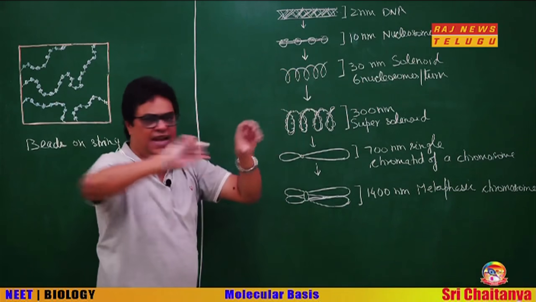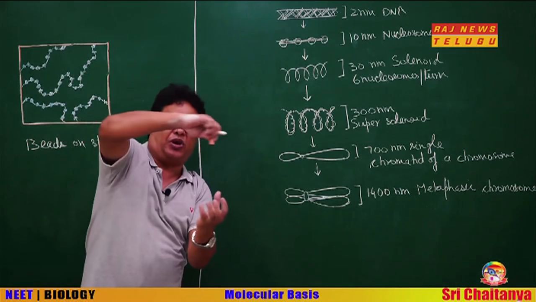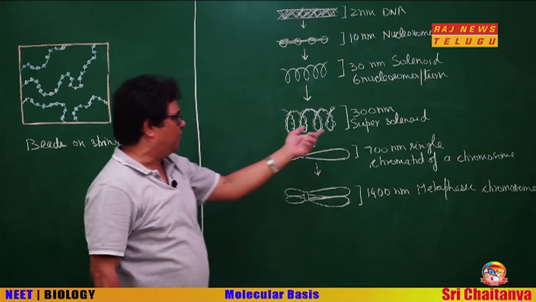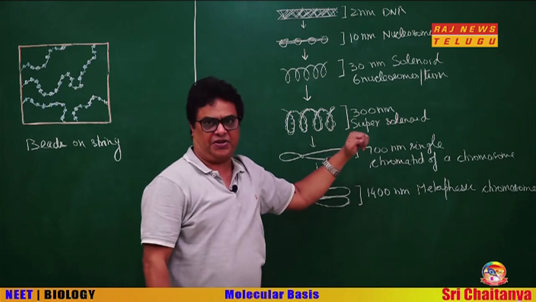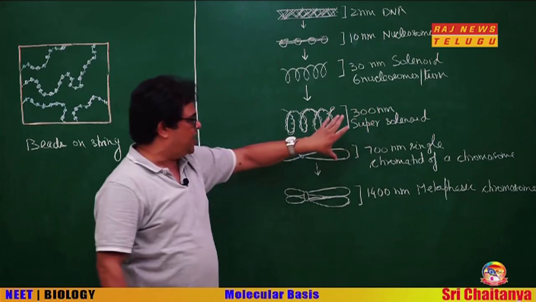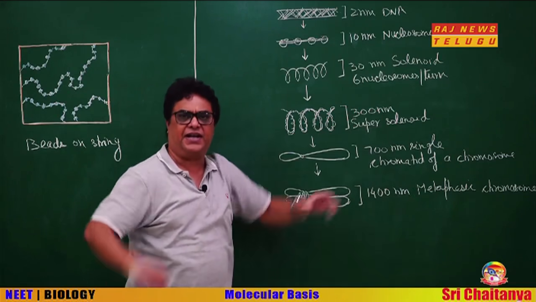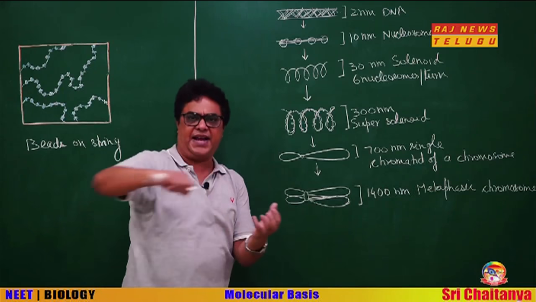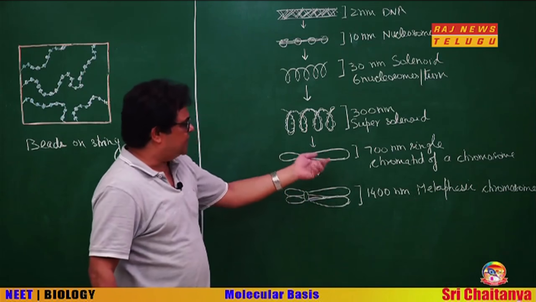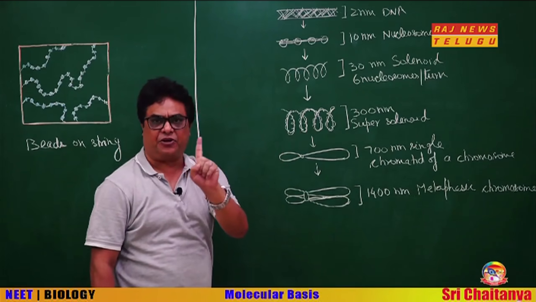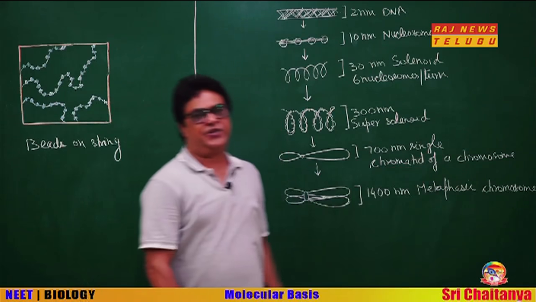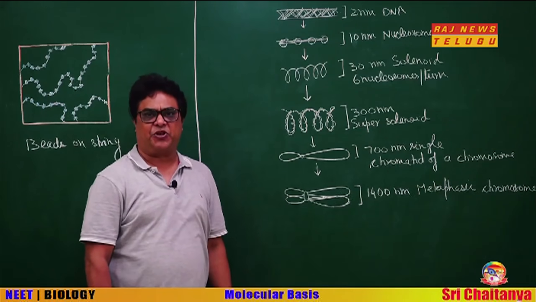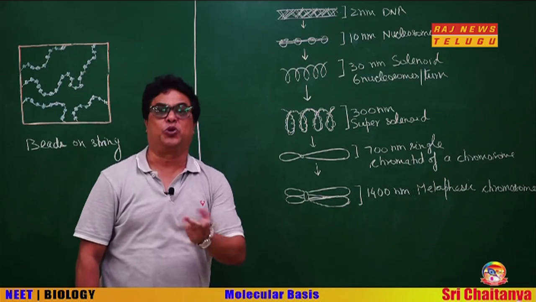Then this 30 nm solenoid is further coiled to form a 300 nm diameter super solenoid. And this 300 nm super solenoid is again coiled, and this forms one chromatid of a chromosome, which is 700 nm in diameter, and you know that a metaphasic chromosome consists of 2 chromatids.